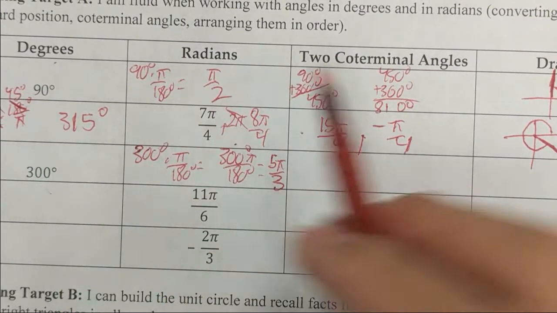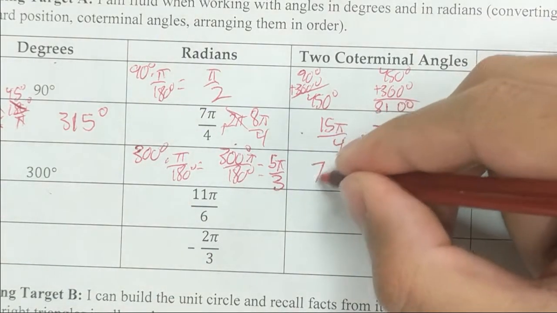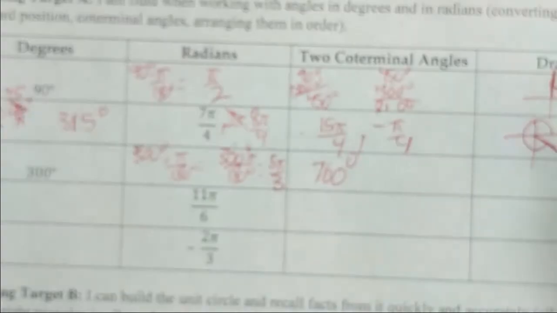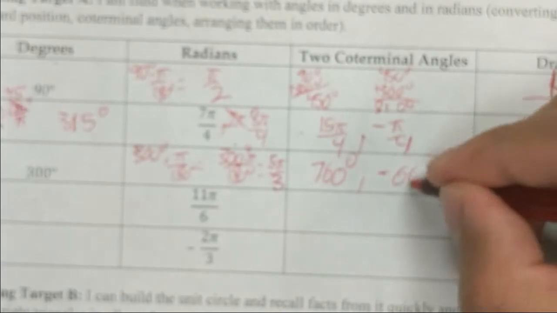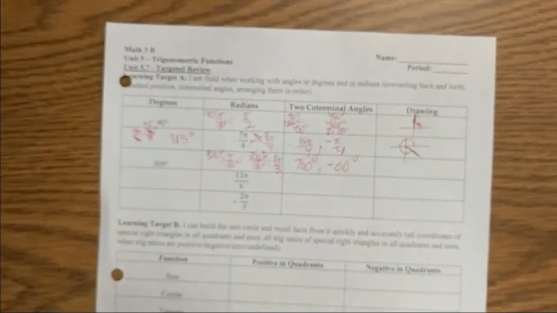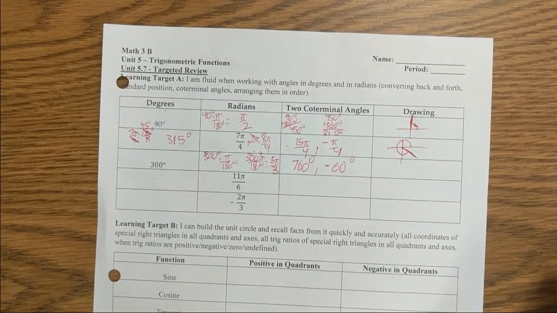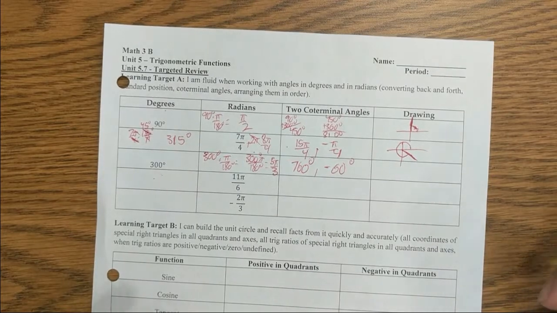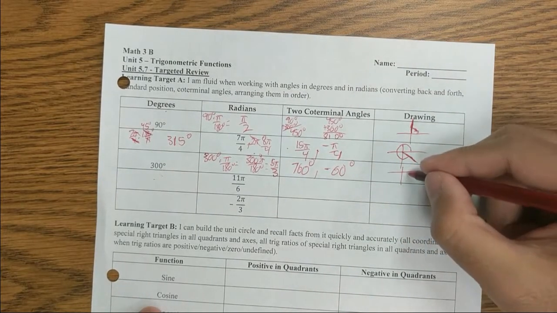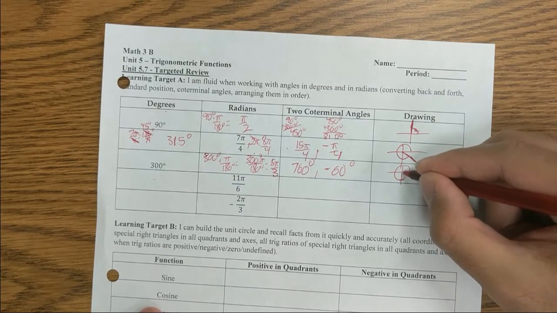Coterminal angles: plus 360 would be 660, minus 360 would be negative 60. Okay, and then drawing 300 degrees, it's a little bit past 270, but not all the way to 360.